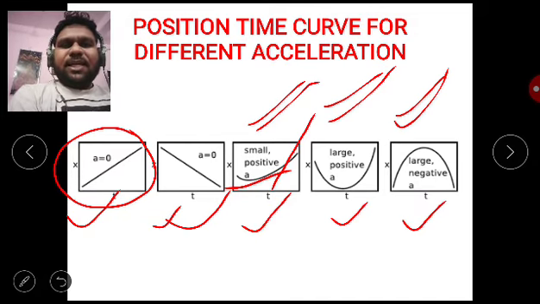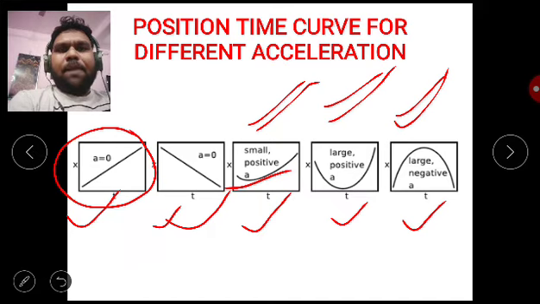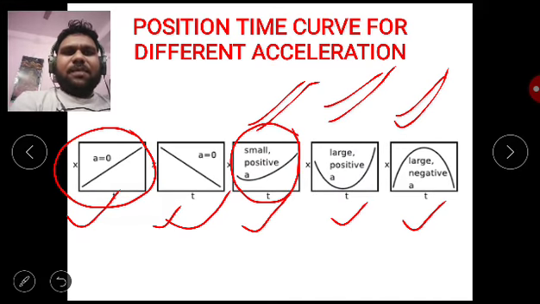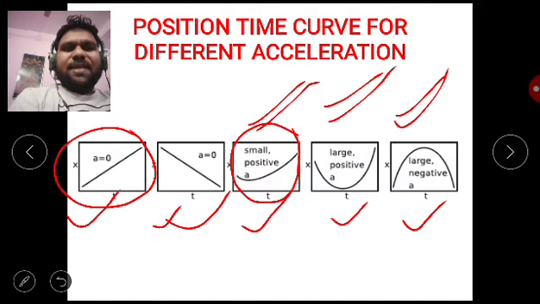When the velocity is increasing rapidly with time, acceleration will be positive. In this case it will be small positive acceleration, and in this case it will be large positive acceleration, using the same concept.